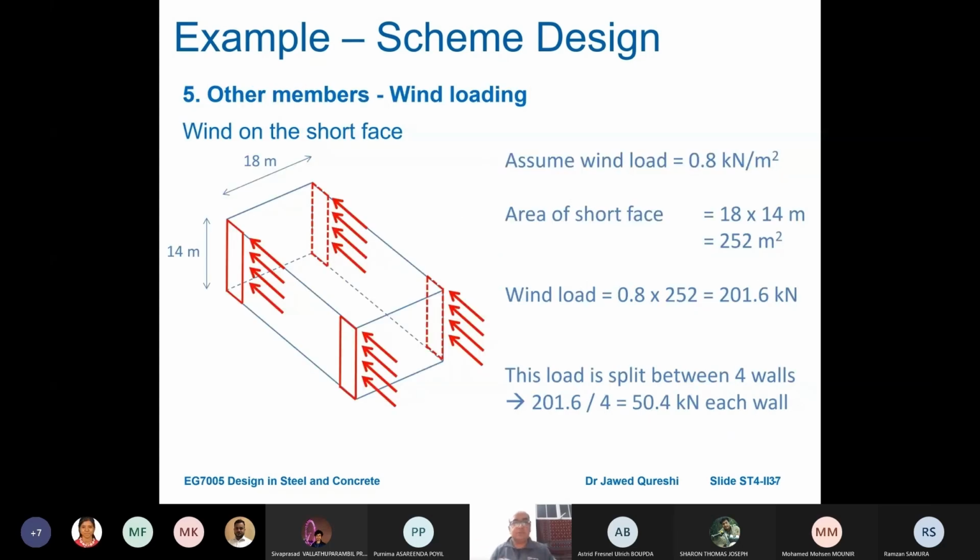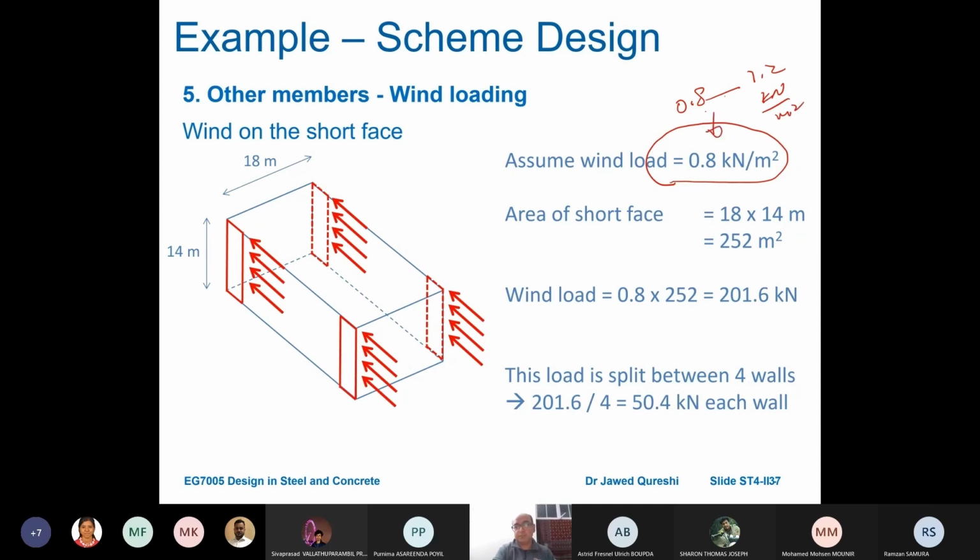The next thing for me is to work out wind loading. Wind on the short face is resisted by shear walls. So assume a wind load of 0.8 kilonewton per meter squared. Normally you would work out this loading based on various factors, such as wind speed and terrain. Normally it is between 0.8 and 1.2 kilonewton per meter squared.